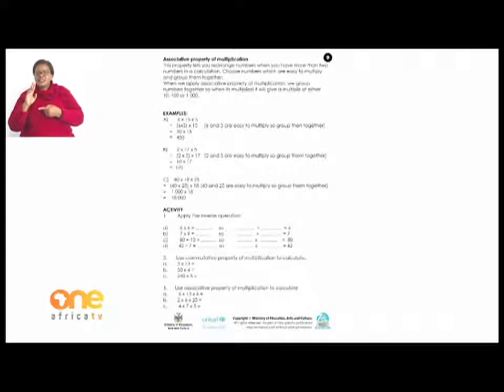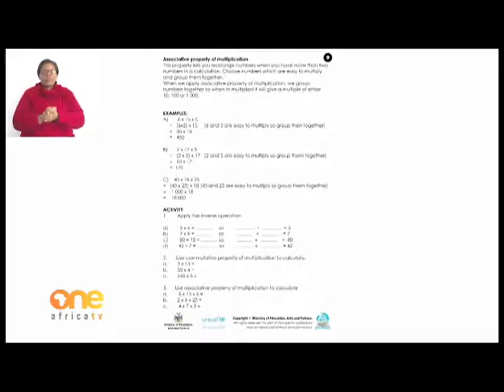And the inverse operation of that, the answer will be 7. C, 80 divided by 10. What will be the answer? And the inverse operation, multiplication, whereby we'll get 80. D, 42 divided by 7. What will be the answer? With the inverse operation, the answer will then be 42. Boys and girls, work it out.